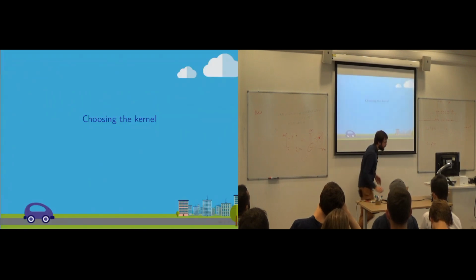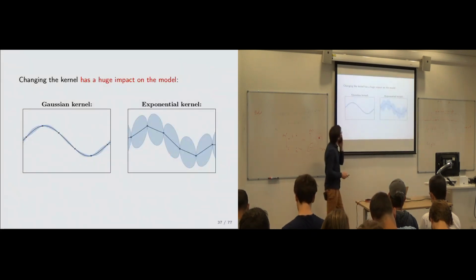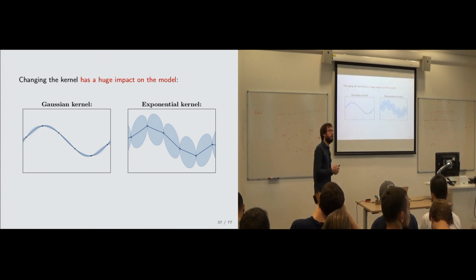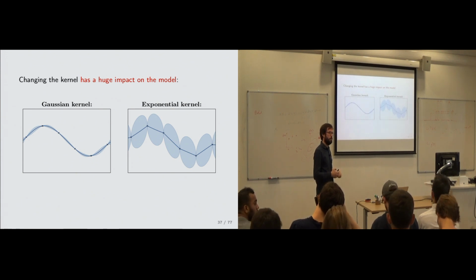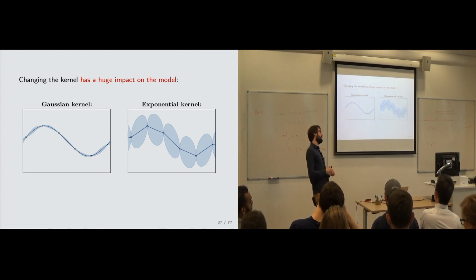Okay, and now comes the part on choosing the covariance. Is this approach for efficient cross-validation error implemented in some libraries for Gaussian processes? Yeah.